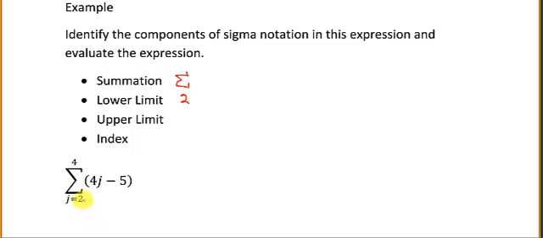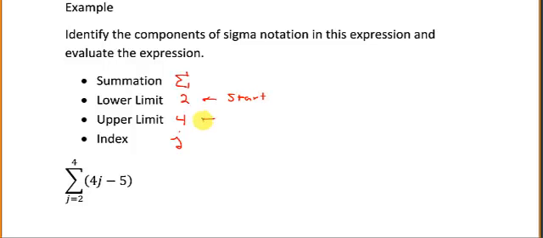Notice that appears at the bottom underneath the summation sign. Sometimes it appears underneath and to the right. The upper limit is 4, and the index of the limits, we could think of this as a variable, is j.